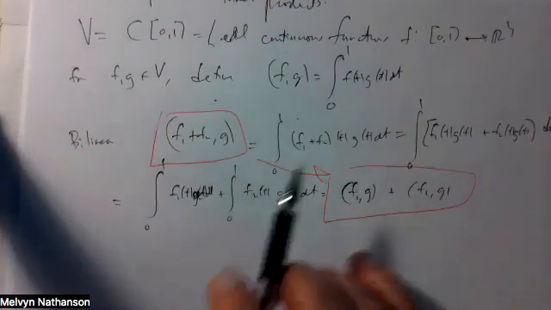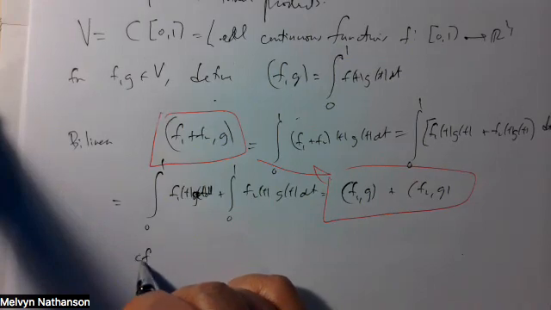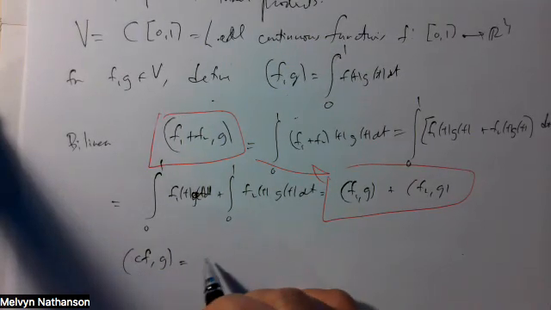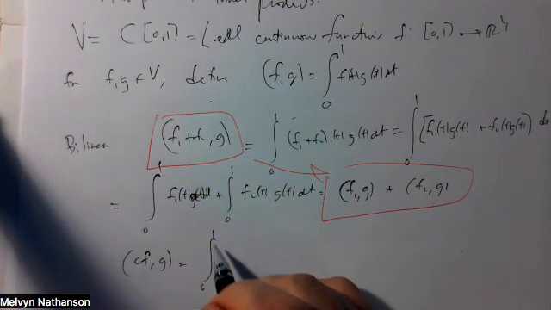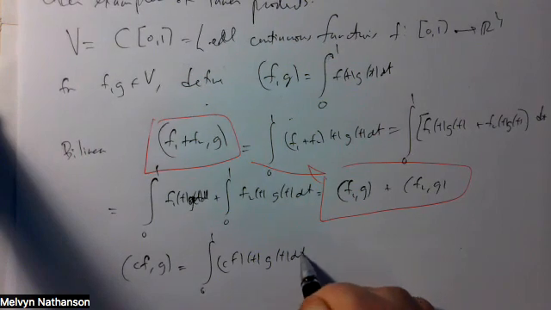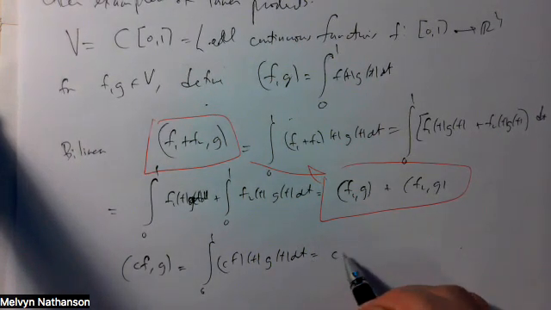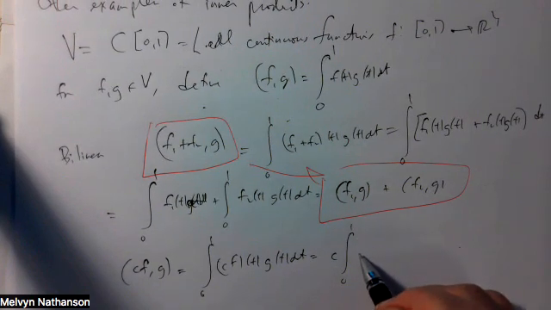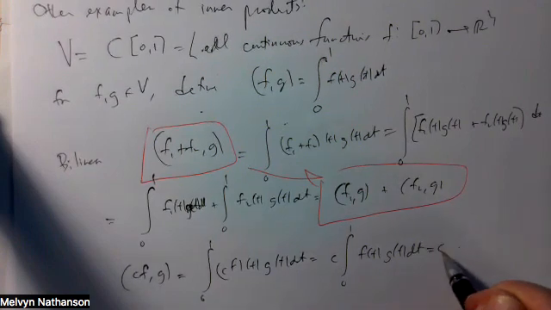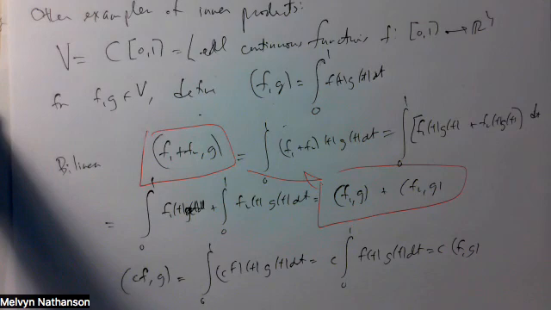And in exactly the same way, this is all stuff you learned in calculus. If you take f and multiply it by scalar c, and take the inner product with g, that's the integral from 0 to 1 of c f of t, g of t dt. You can take a constant outside the integral sign. This is c times the integral from 0 to 1 of f of t, g of t dt. And that's c times the inner product.